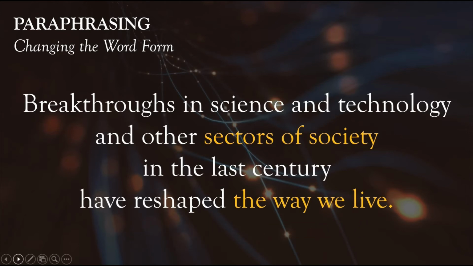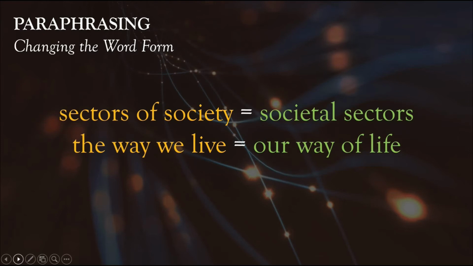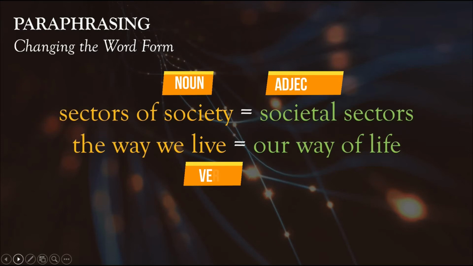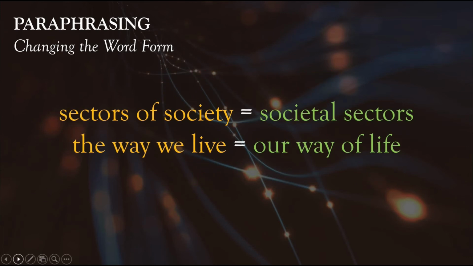You're going to think of a substitute for this. Basically, we've just switched the word order. For "sectors of society," we've got "societal sectors," and for "the way we live," we are going to use "our way of life." Because of the pronoun "we" from "the way we live," the counterpart pronoun of choice will be "our." It's the first person plural possessive.